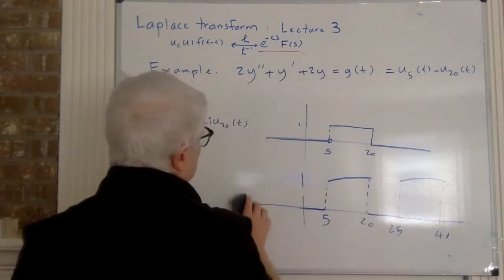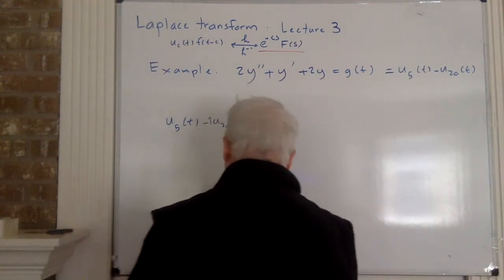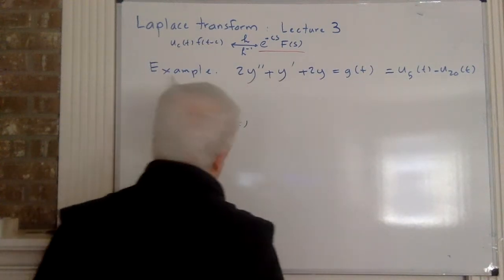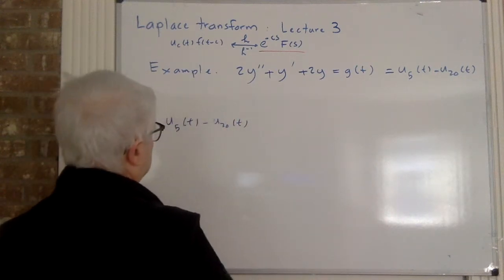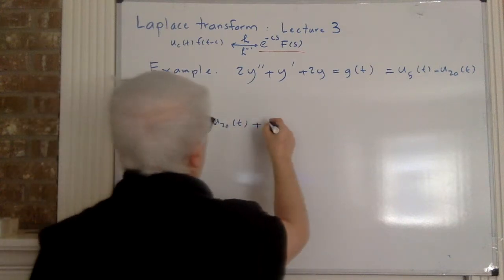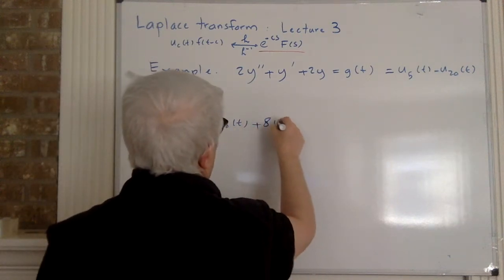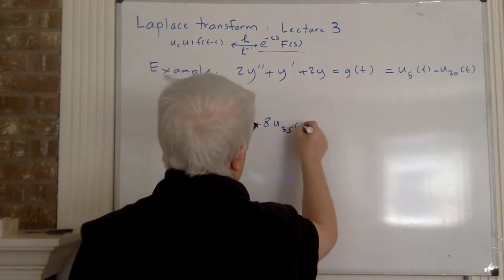Now, what if I had, let me change this to minus, say, 3. Then plus, say, 8u at 35. Right?